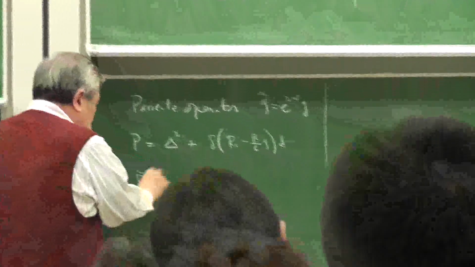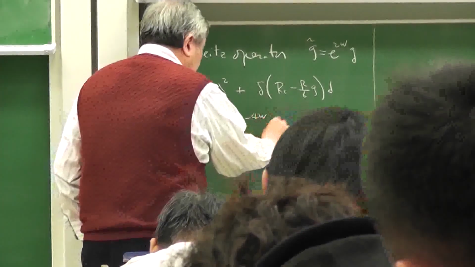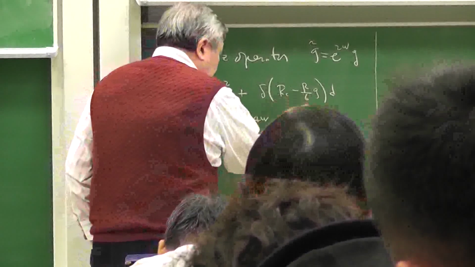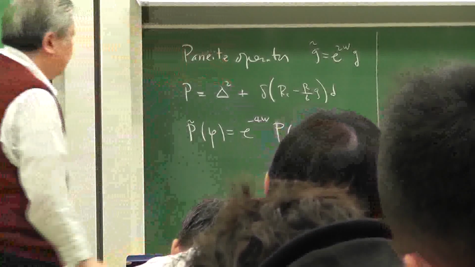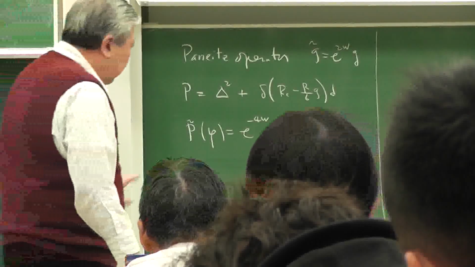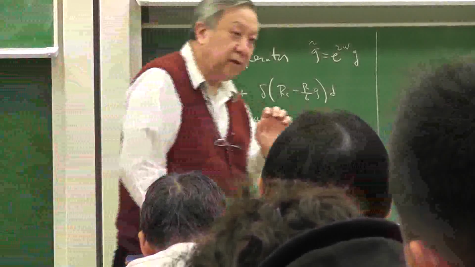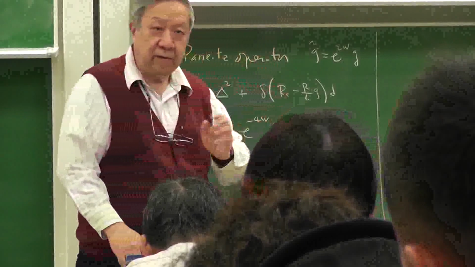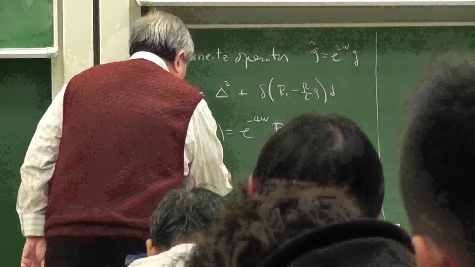So P tilde applied to a function turns out to be, up to a factor, P original applied to the same function. So in geometry, whenever this happens, this operator defines a curvature quantity. And now we call this curvature Q curvature, a generic name.